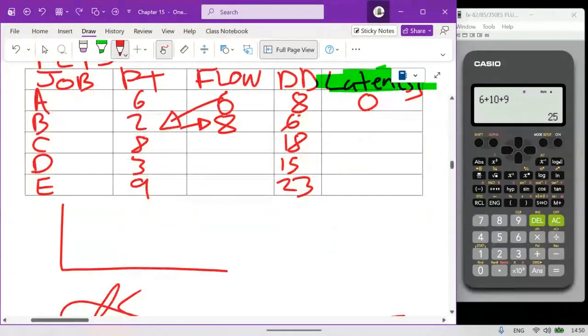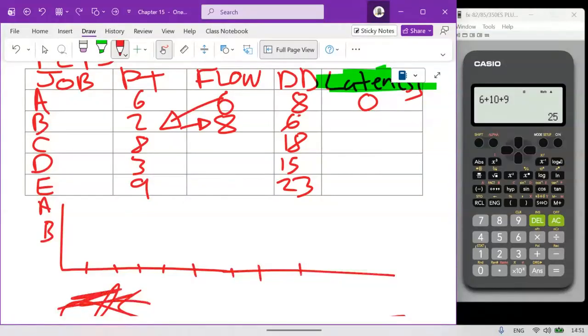Product A and product B. Then we have days here: 1, 2, 3, 4, 5, 6, 7, and 8.